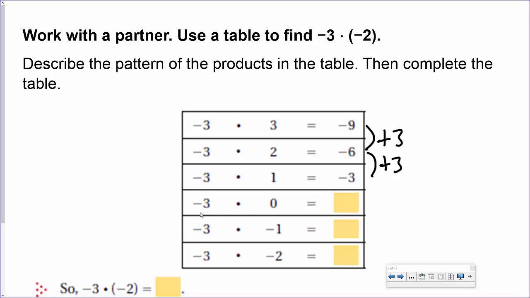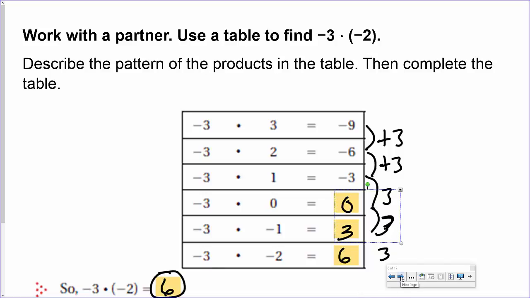With that in mind, what do you think negative 3 times 0 is? 3 more is 0. And then I want to add 3 more. So negative 3 times negative 1 is 3. And then negative 3 times negative 2, I'm going to add another 3 here. So 3 plus 3 is 6. So negative 3 times negative 2 is equal to 6.